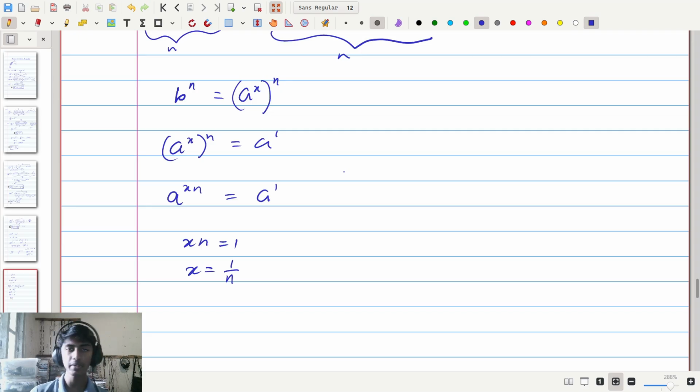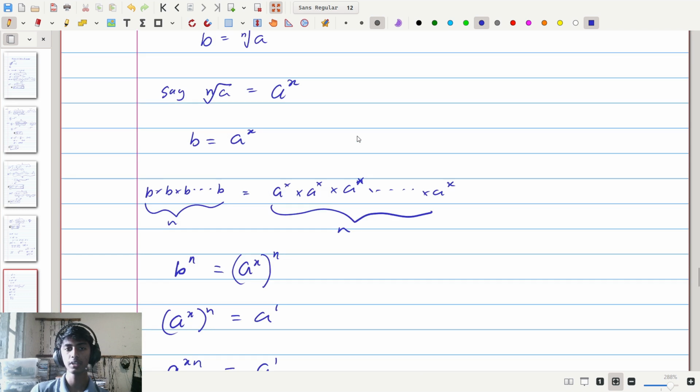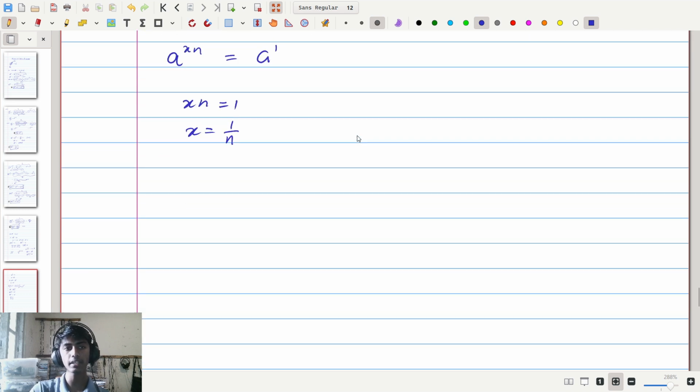So we have a different meaning for when we write the square root or any other nth root. The nth root of a is the exact same meaning as a to the power of x, which is 1 divided by n.